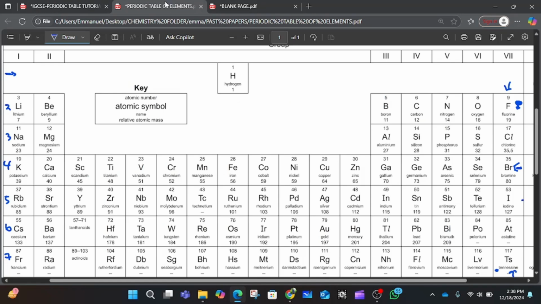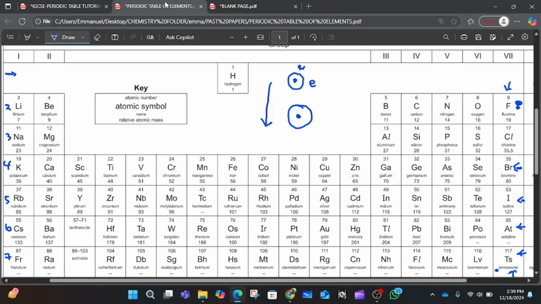So it means that bromine will be more reactive than iodine, astatine, and tennessine, because halogens accept electrons to form negative ions, and the ability of the halogen to easily accept an electron makes it more reactive. So let's assume that this is the size of bromine and this is the size of the other halogens beneath bromine. We can see that as you go down the group, the sizes of the atoms are increasing. So the nucleus of these atoms are positively charged.